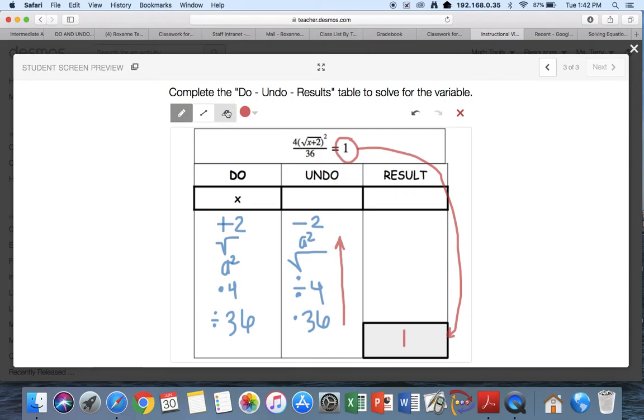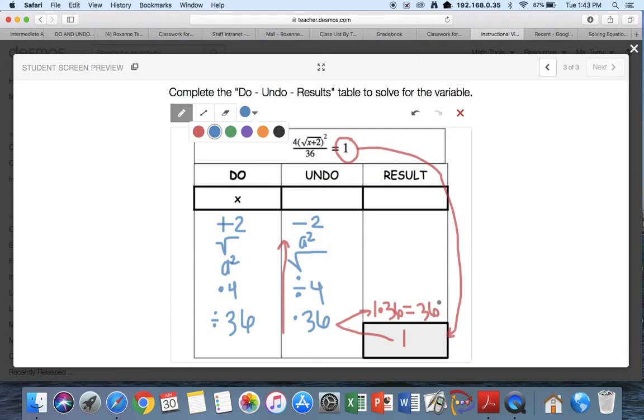And actually, I want to maybe write that on the other side so we can kind of see. So we're going to go this way. All right. So the first thing I'm going to do is 1 times 36. So 1 times 36 equals 36.